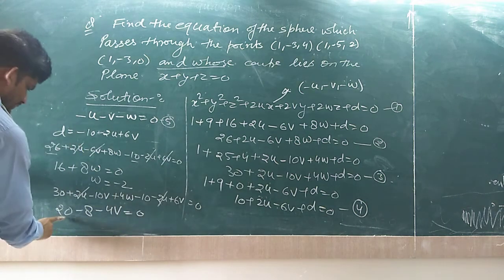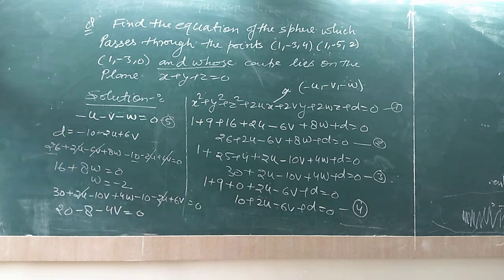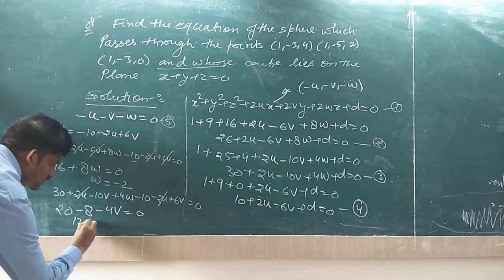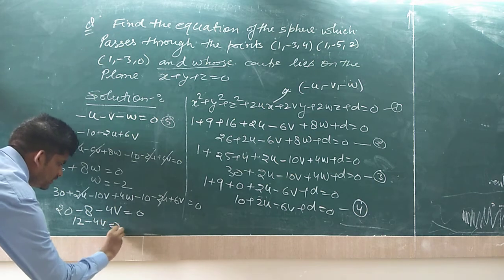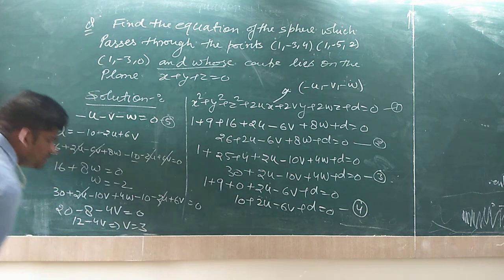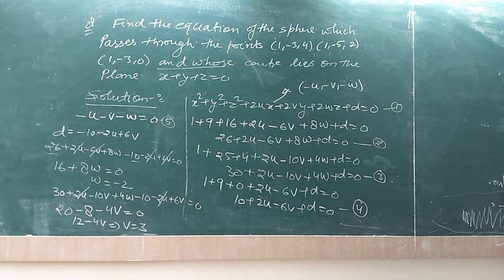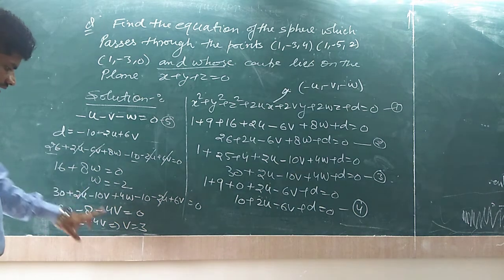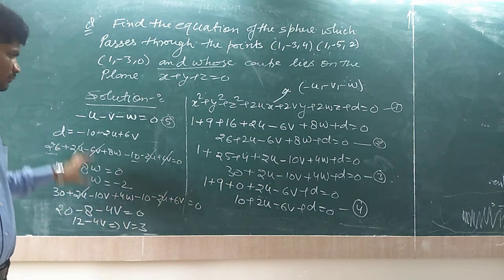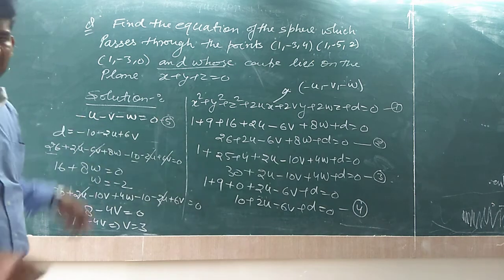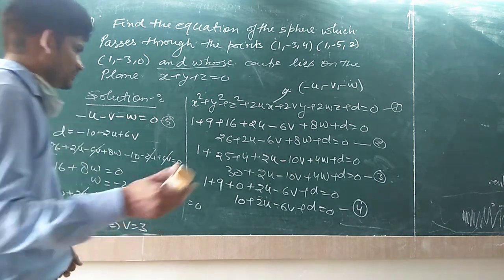Then 12 minus 4v, v equal to 3. So the value of v equal to 3. Value of v and w putting in equation number 5, and we get the solution.